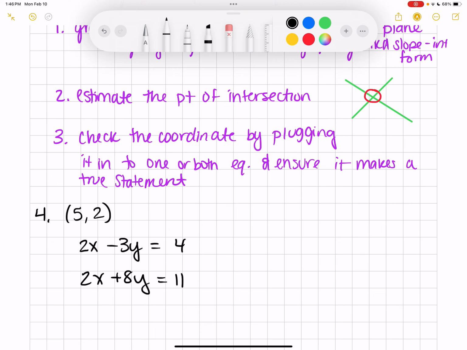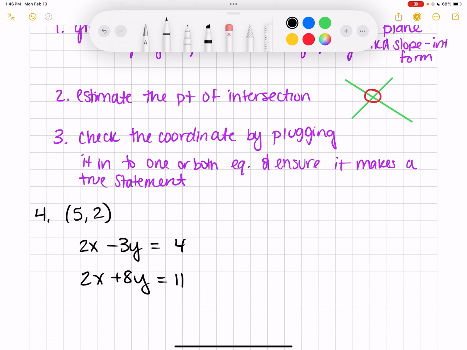So I'm not actually graphing these points. I'm just checking. Anytime you're checking, like for step 3, I would use the original equation, because if you've manipulated your equation wrong, then you may not recognize that you did something wrong if you just plug it into your manipulated one. So I would always plug into the original to check.